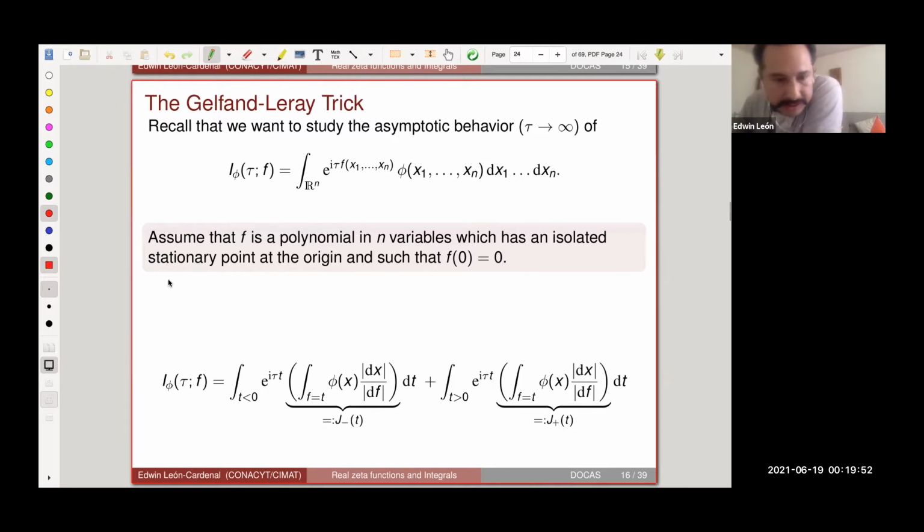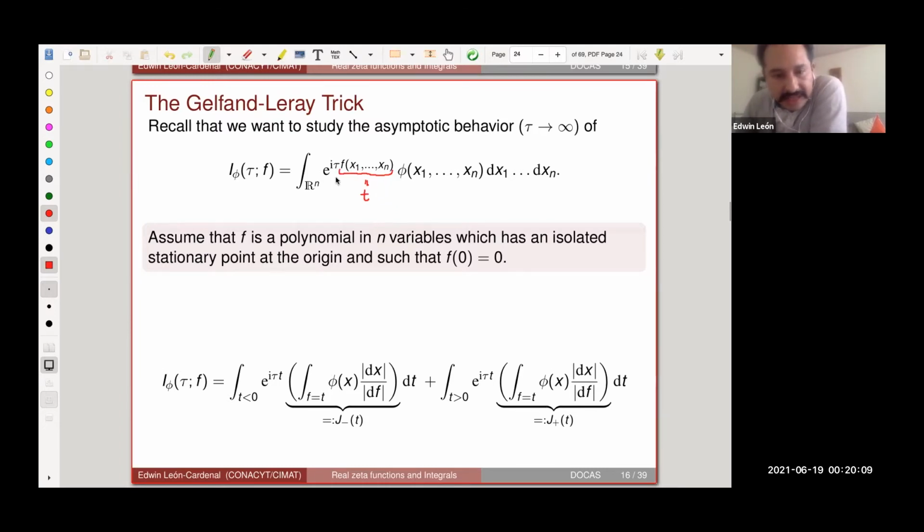So the thing is that inside this integral we have this f, and I would like to have this f replaced by a constant, let's say t.